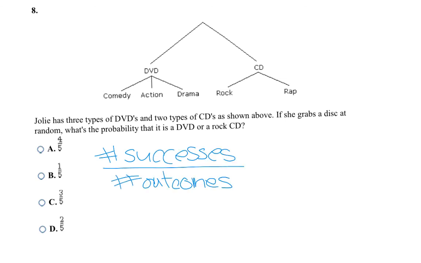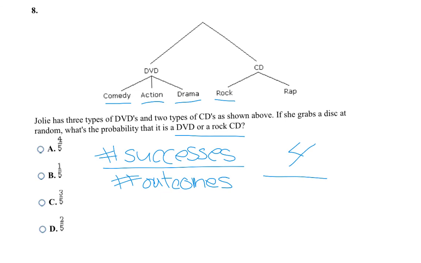So first we're going to look at the number of ways that you can get a DVD or rock CD. So here we have a DVD. You can get 3 of those, and get a rock CD, there's 1 of those. So total, there's 4 different ways to get a DVD or a rock CD.